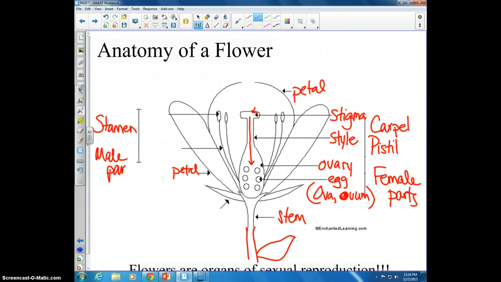Okay, and the male parts include the anther on the top where the pollen grains are made. And the anthers are held up by the filaments. And this piece down here that looks like a leaf that we want to call a leaf is actually a very special type of leaf called a sepal. S-E-P-A-L.